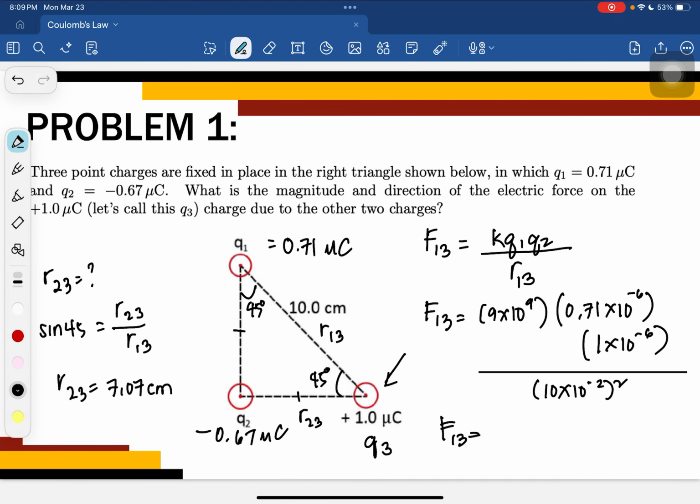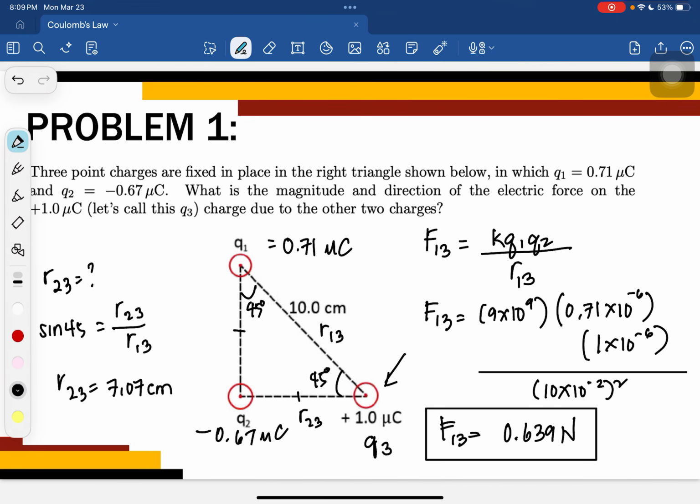This is 0.639 newtons. Okay, keep that handy. Just park that. That's F13, and later on we will identify the direction of that.